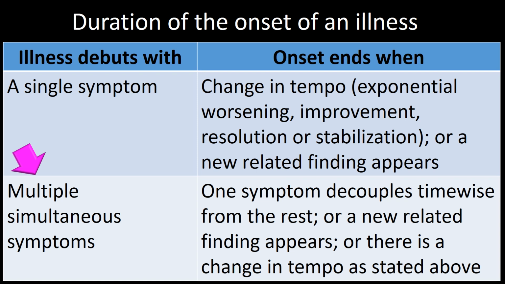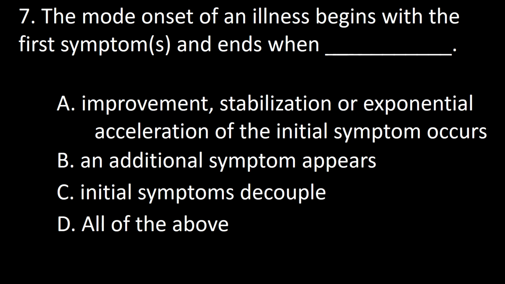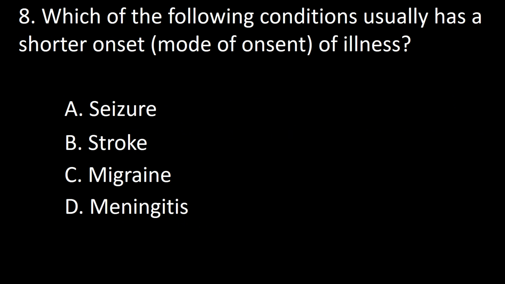In such cases, onset starts with the initial symptom and ends when one of the symptoms decouple from the other, when a new symptom related to the disease appears, or when there is a changing tempo as previously mentioned. So the answer to this question is D.